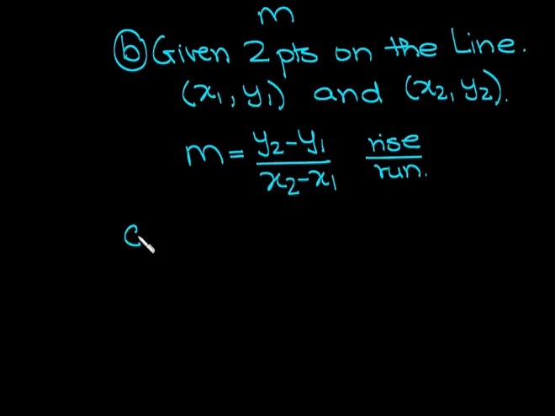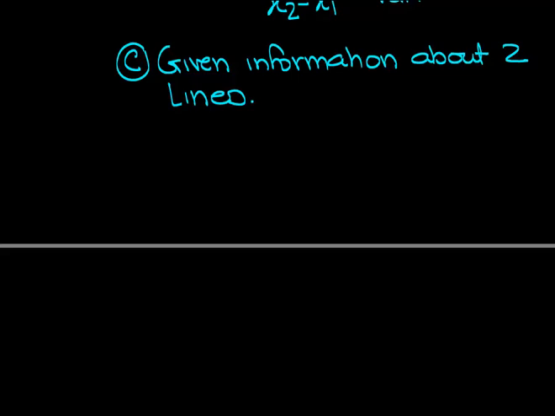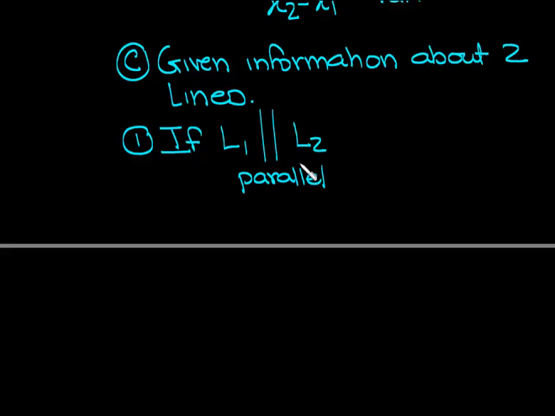The third way to find the slope is if you're given information about two lines. For example, if they tell you line 1 is parallel to line 2, what can we say about their slope?